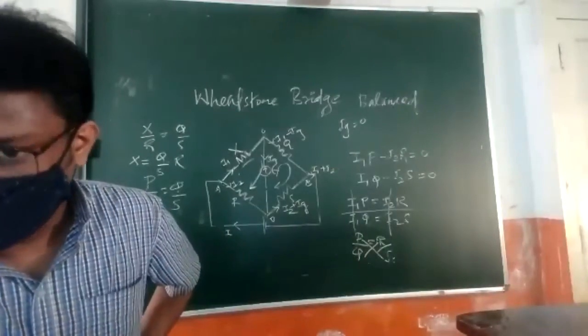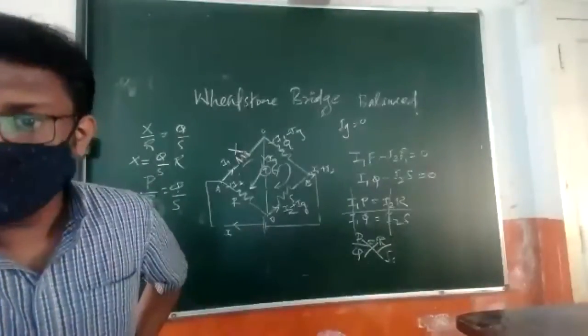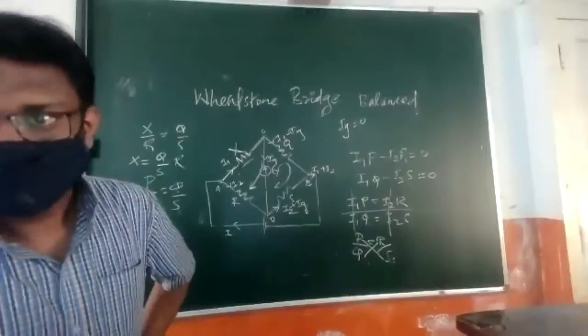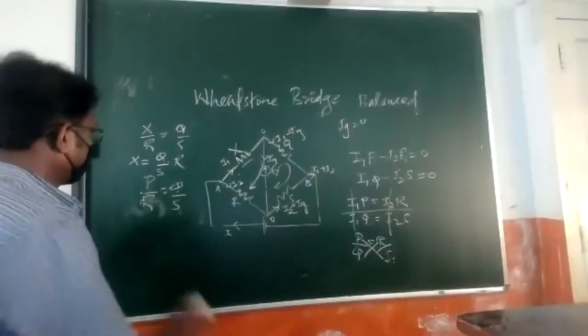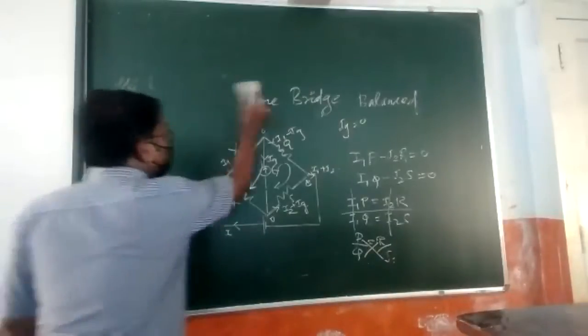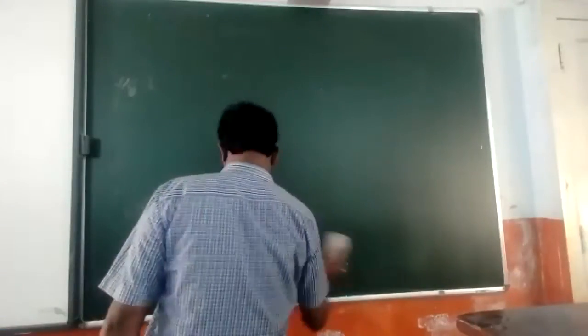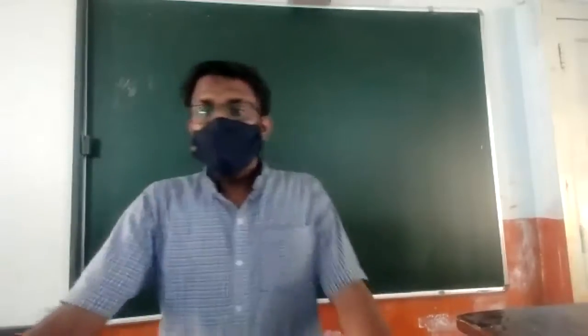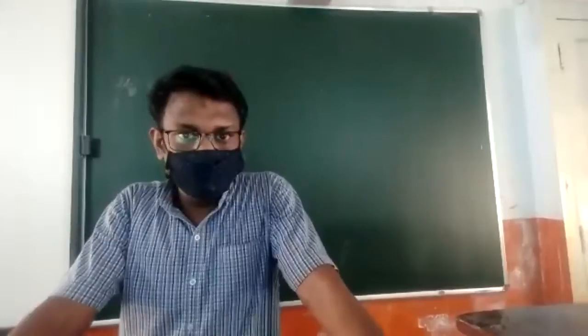So this meter bridge, Wheatstone bridge is a very important topic, and that balancing condition and deriving that equation also important. Okay. So the basic concepts in this chapter is over.